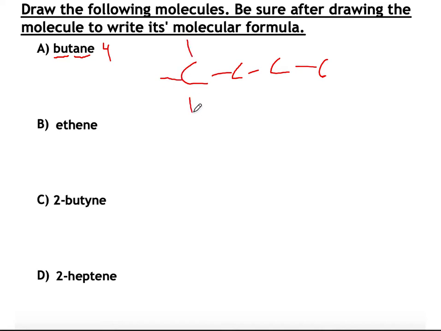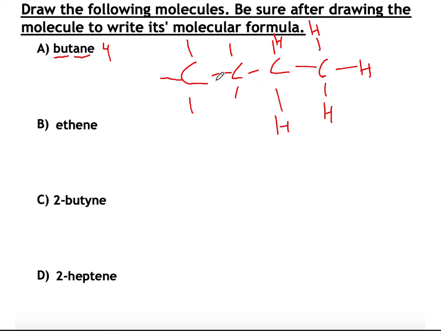Well, we could just draw in lines like this, and that is acceptable. Those lines indicate, or almost like tell a chemist or tell a scientist, that there are hydrogens at the end of each line. If you want, you can go ahead and draw the hydrogens. It's not necessary. Either way would be accepted.